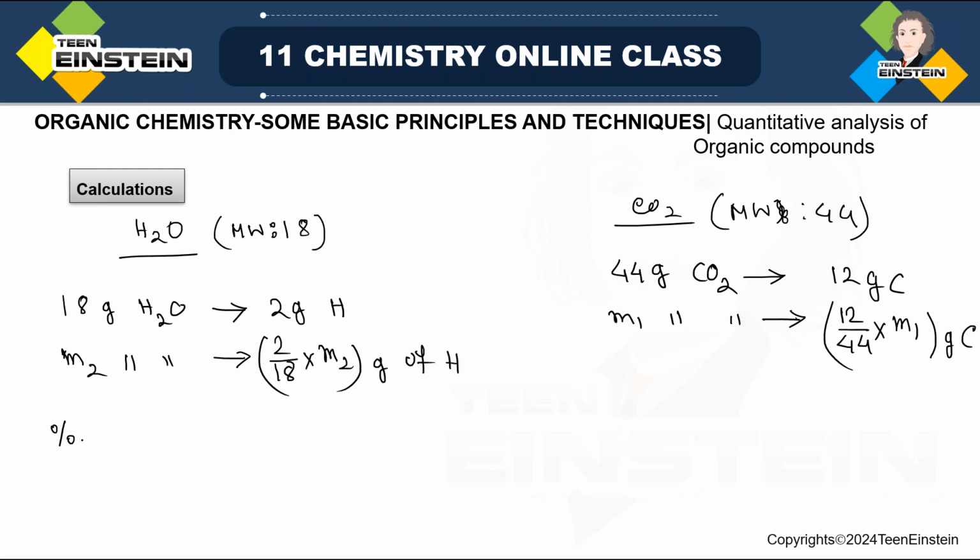So, percentage of hydrogen will be 2 divided by 18 times m2, divided by the mass of original organic compound m, multiplied by 100. The same holds for the percentage of carbon.